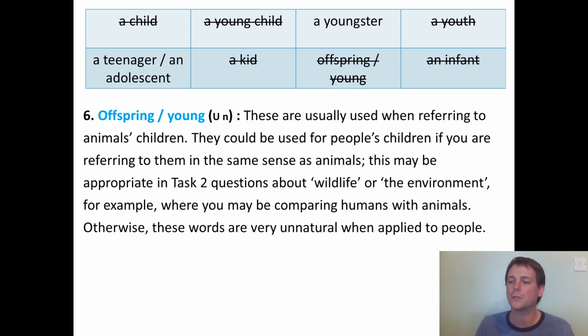Doesn't work well at all. But you can use these words in some other contexts, for example, the motherly instinct to protect one's young is prevalent in humans as well as animals. That, or with offspring, would be perfectly fine. So yeah, watch out for that.